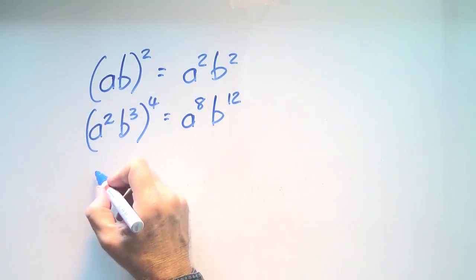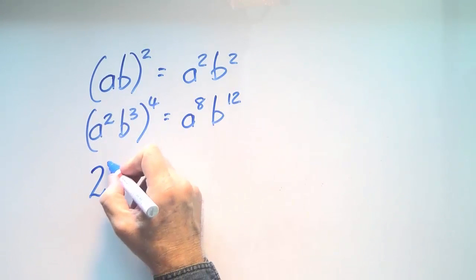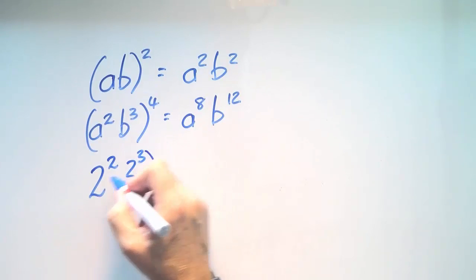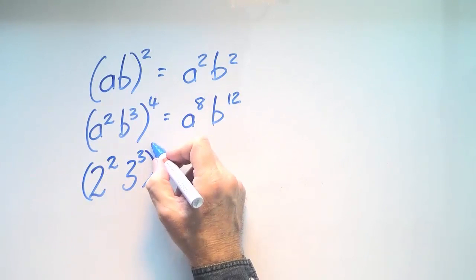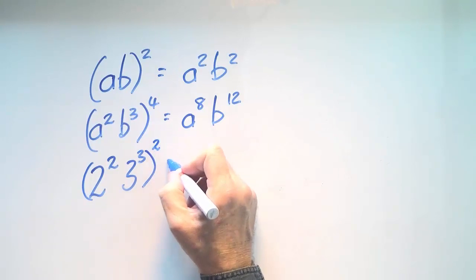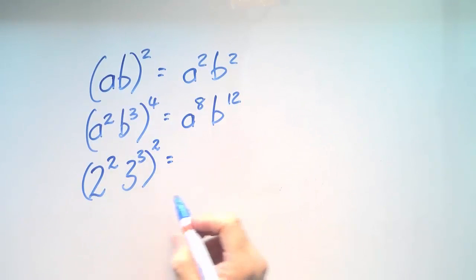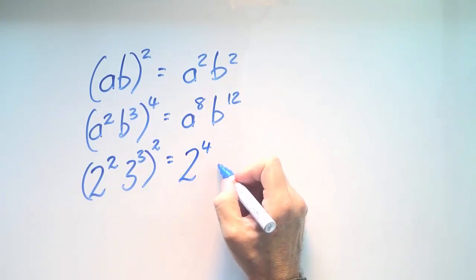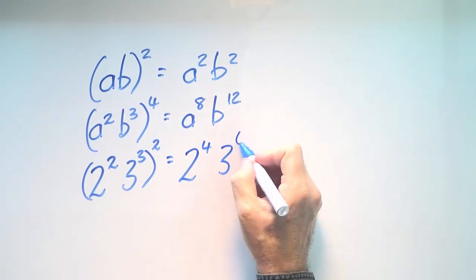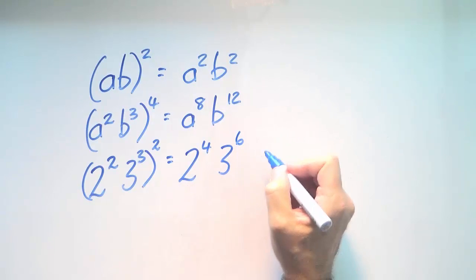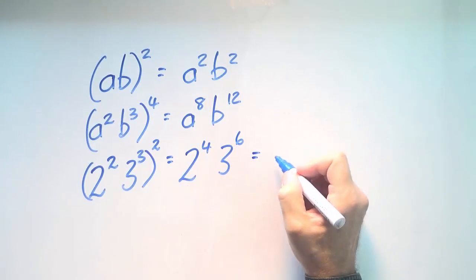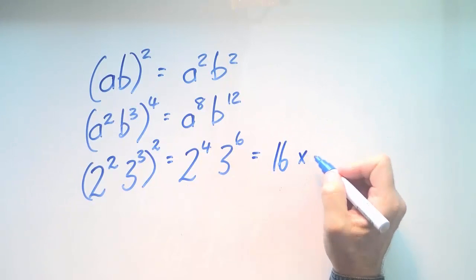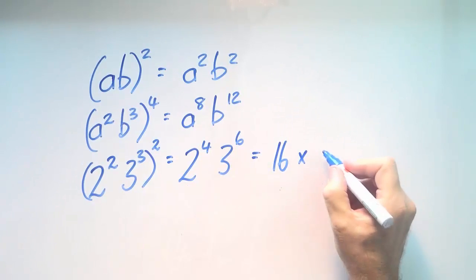To give you an example, let's say we have 2 squared, 3 cubed, 2 all squared. Then it's 2 to the 4th power times 3 to the 6th power. And that would equal 16 times 729, I think.